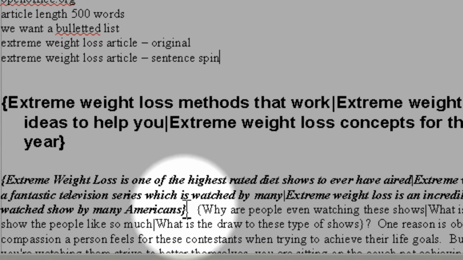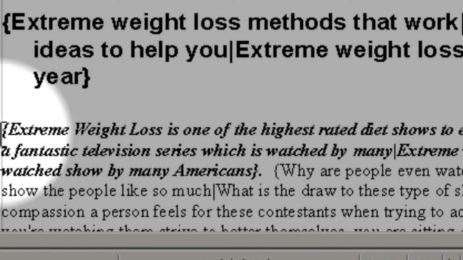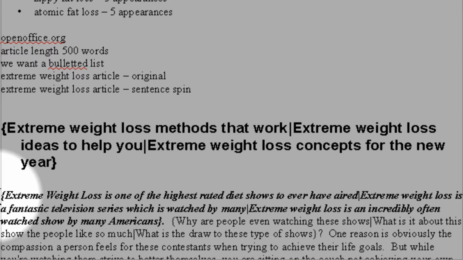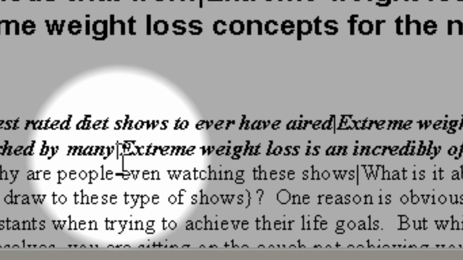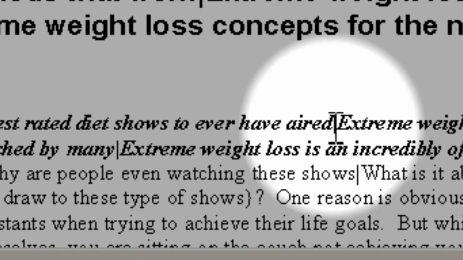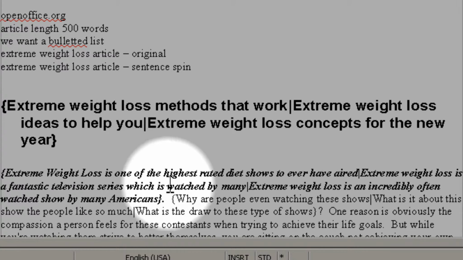These squiggle brackets are what spinning actually is. As I said, whatever is inside these two squiggles is what my software will actually show for that sentence, and the pipes denote that there's a separation. It just means or. So it'll be extreme weight loss is one of the highest rated shows to ever have aired, or extreme weight loss is a fantastic television series which is watched by many, or extreme weight loss is an incredibly often watched show by Americans.